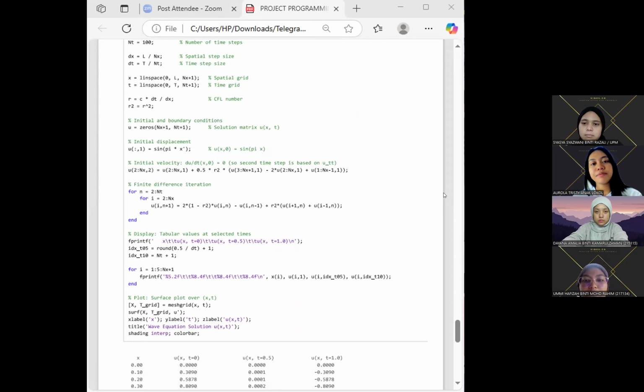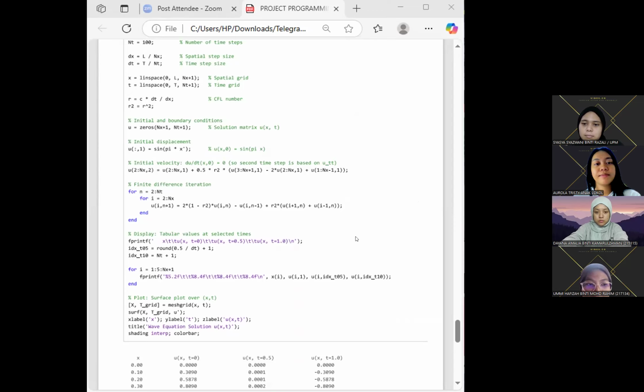And for step 5, we use a loop over time to calculate the wave. We use a for loop for n with the end. This part uses the finite difference method to simulate the wave for every time step. Each new point in time is calculated based on two previous time steps.